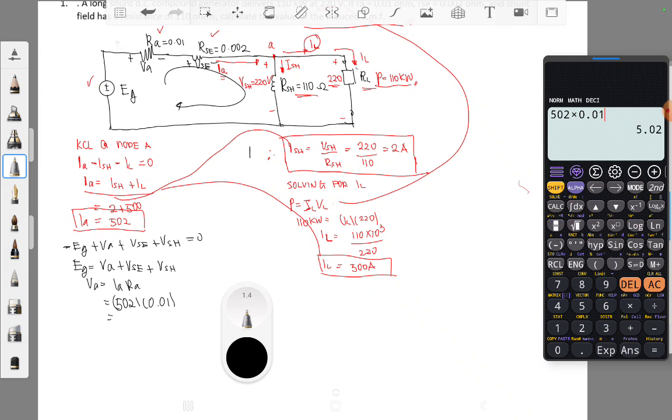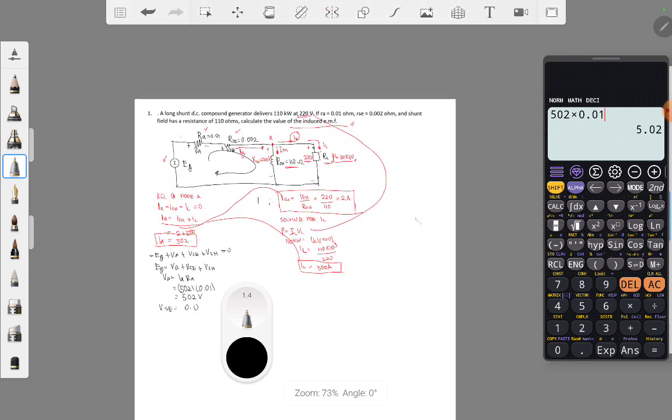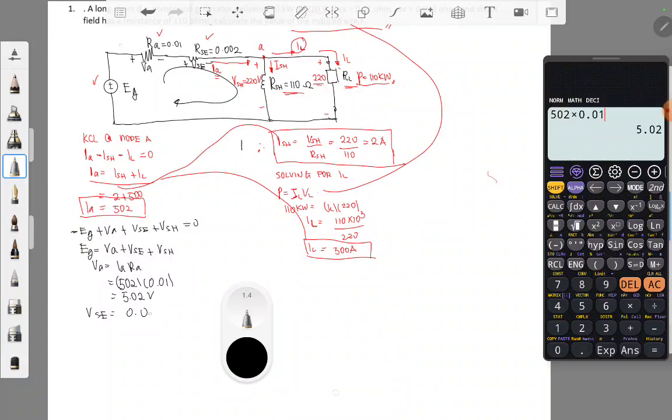This is equal to 5.02 volts. And my VSE is equal to 0.002 multiplied by 502, which is equal to 1.004 volts.